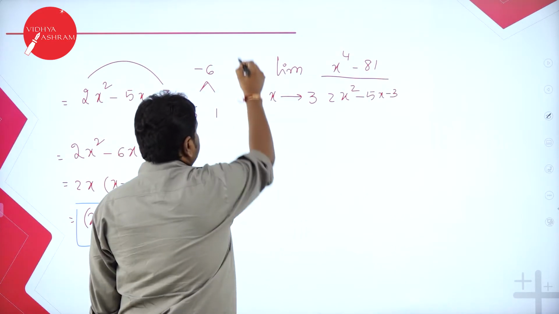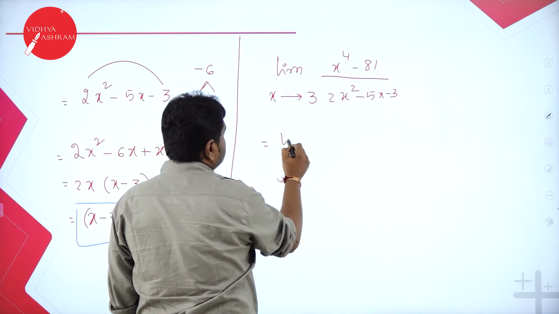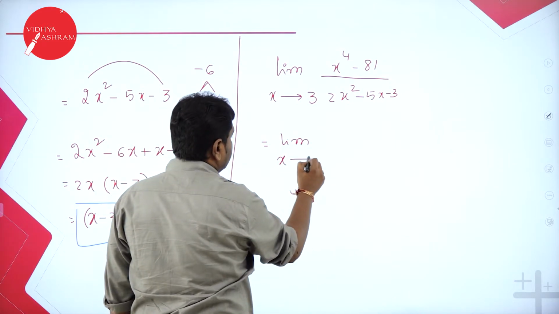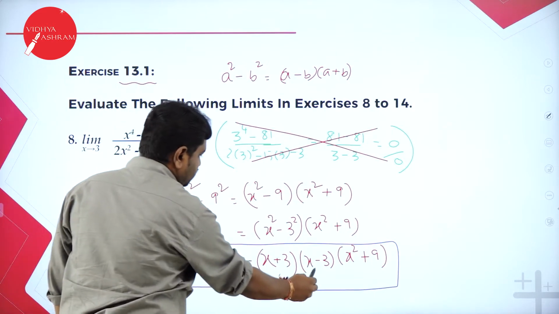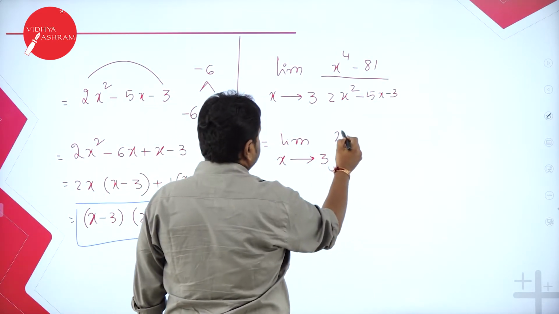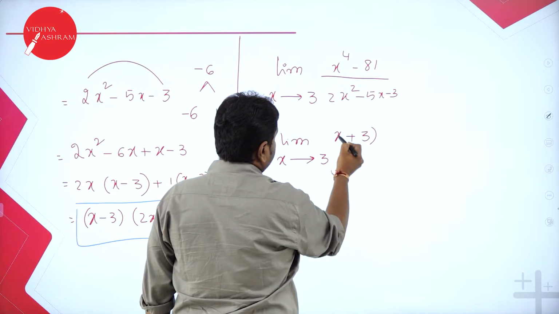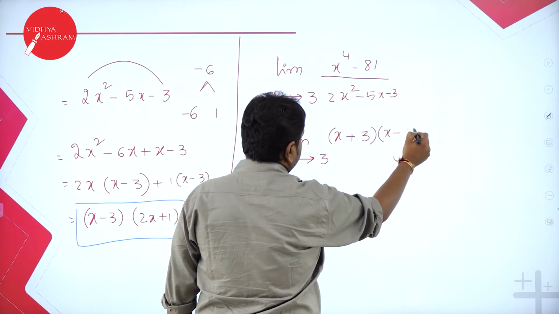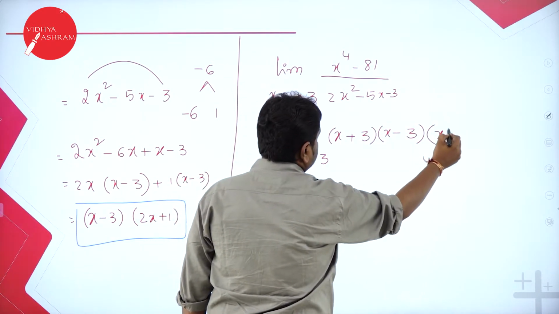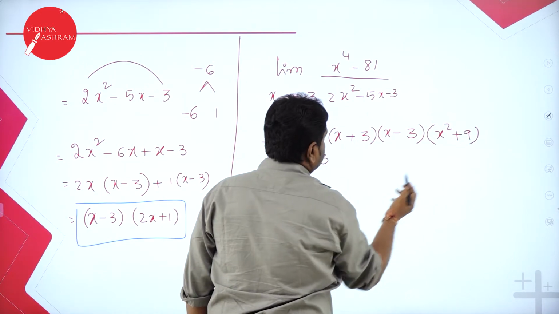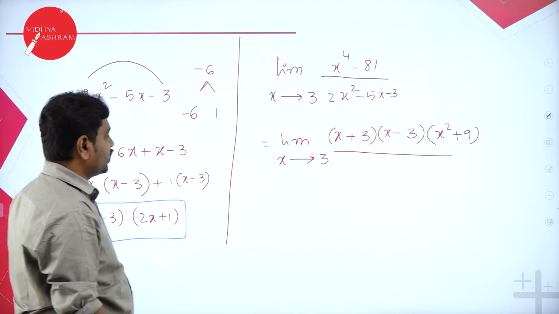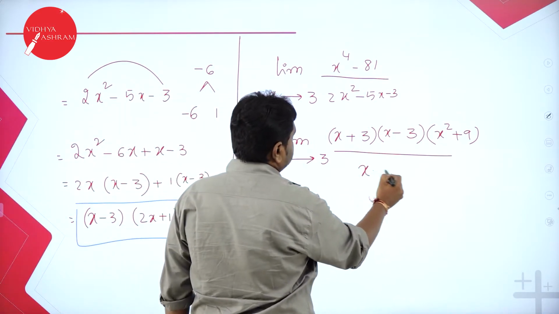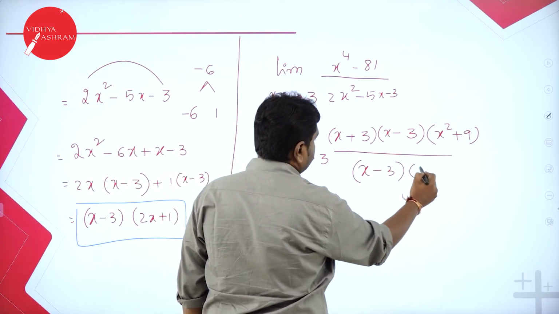Without applying the limit, I'll write it as limit x tends to 3, numerator x plus 3 into x minus 3 into x square plus 9, by factorization. Denominator can be written as x minus 3 into 2x plus 1.